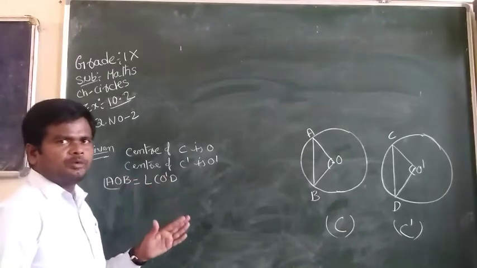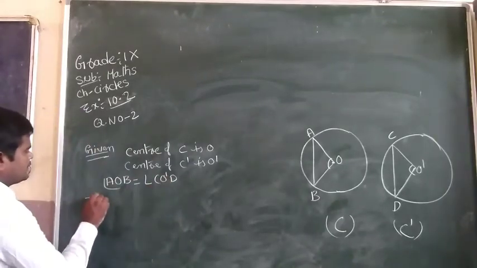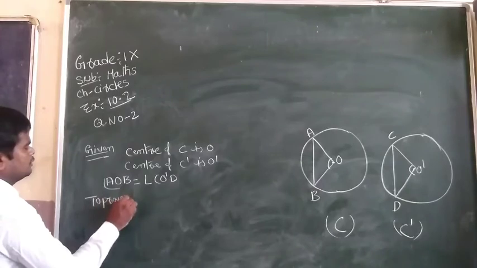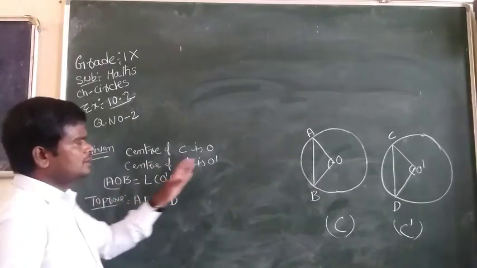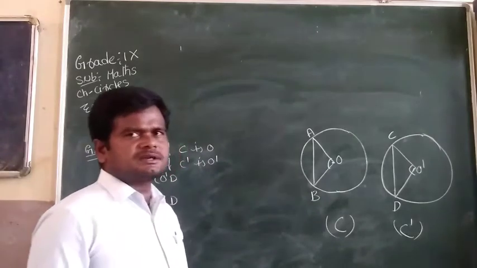We need to prove that AB equal to CD, so their chords are equal.